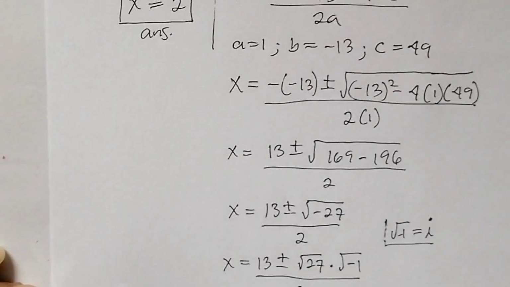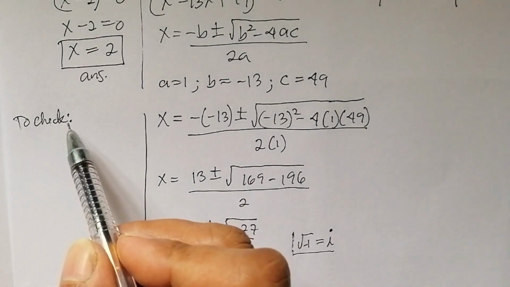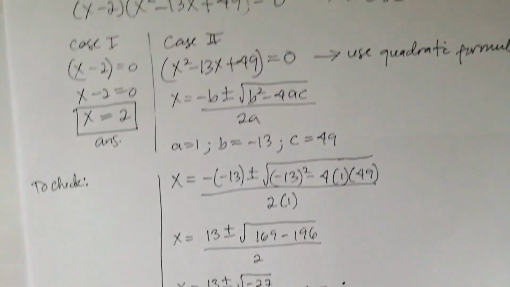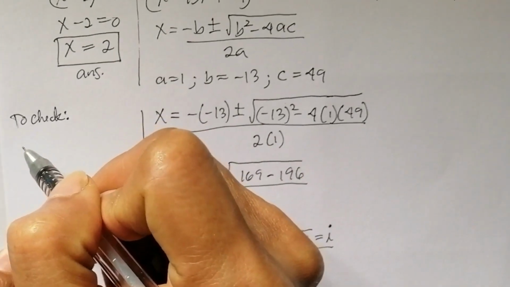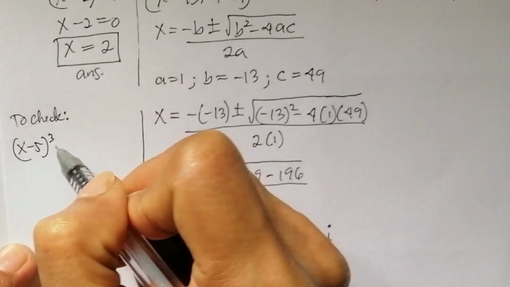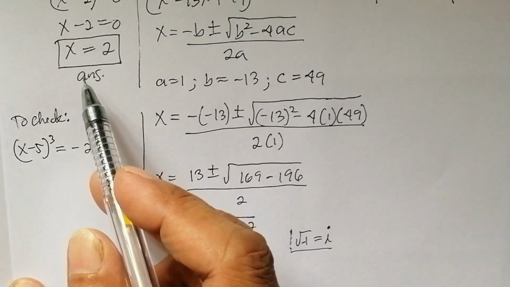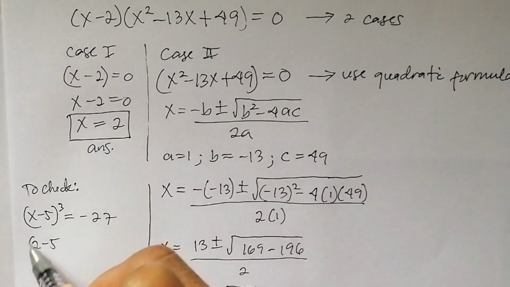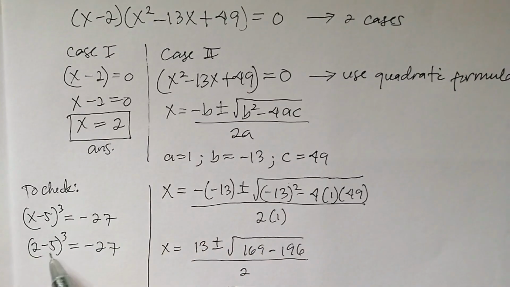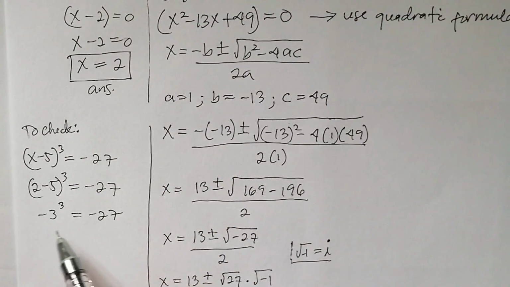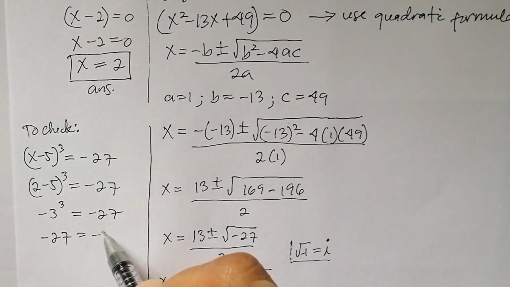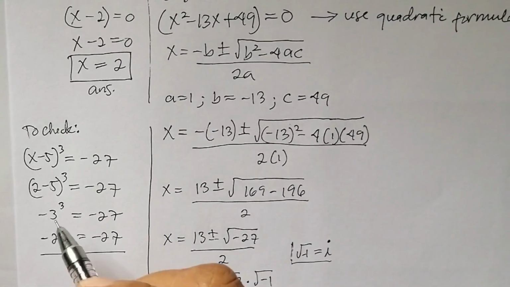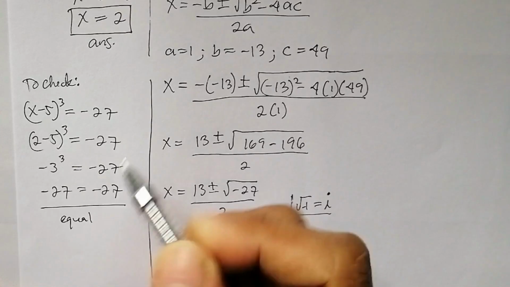Let's evaluate the case 1, x is equal to 2. Using the given equation, obviously both sides are equal to negative 27.